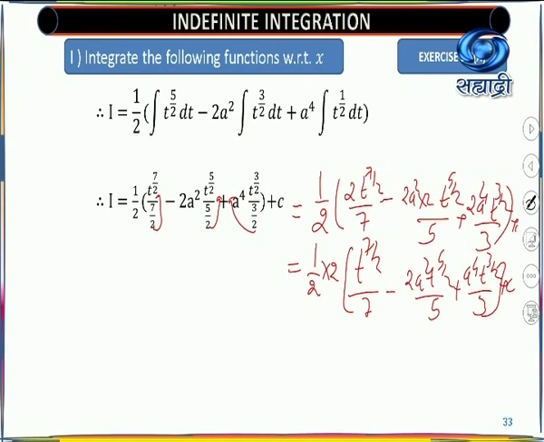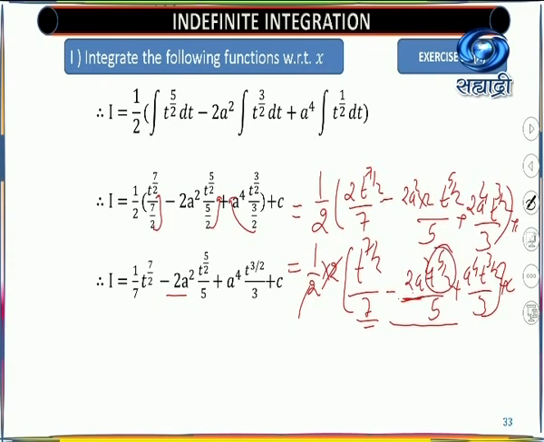Okay, so we'll write here. So you are getting here 1 upon 7. Look at here, this 2 and 2 will get cancelled. So you will get 1 upon 7 t raised to 7 by 2, then your next term, minus 2a square t raised to 5 by 2 upon 5, plus a raised to 4 t raised to 3 by 2 upon 3 plus constant of integration.